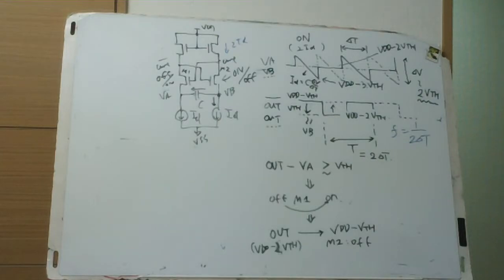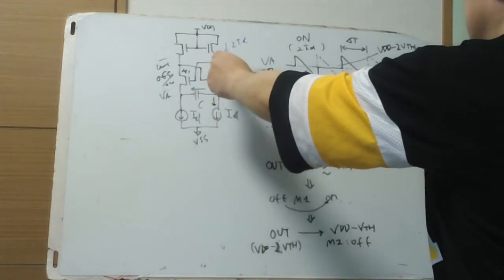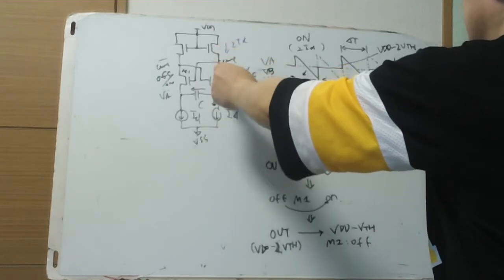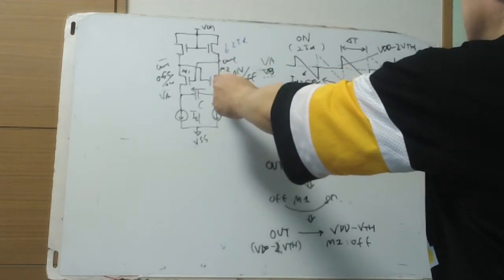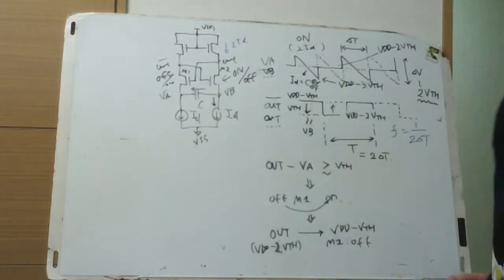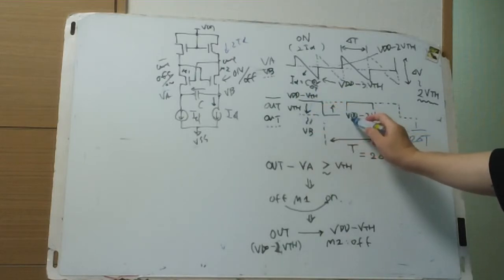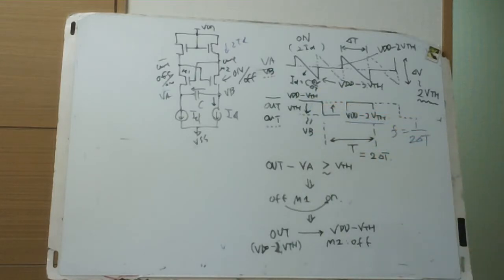When out equals outbar shorted, Vout is nearly out, and this is less than VTH. So this is VDD minus VTH minus VTH, which is VDD minus 2 VTH.